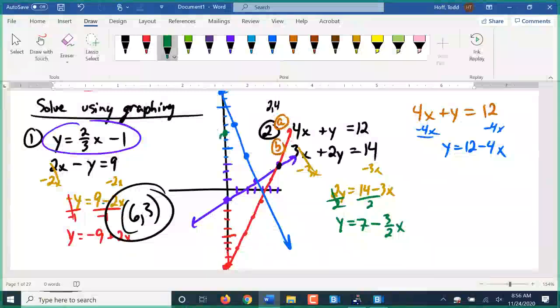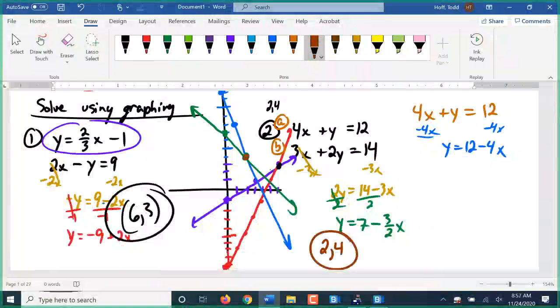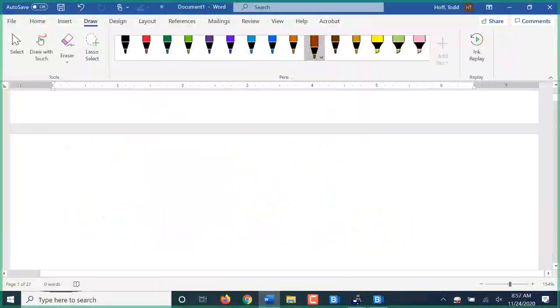We go down 3, run 2, which puts us right on that slope point. That solution there, we can see they overlap at the point 2 comma 4. Next, let's review some substitution.